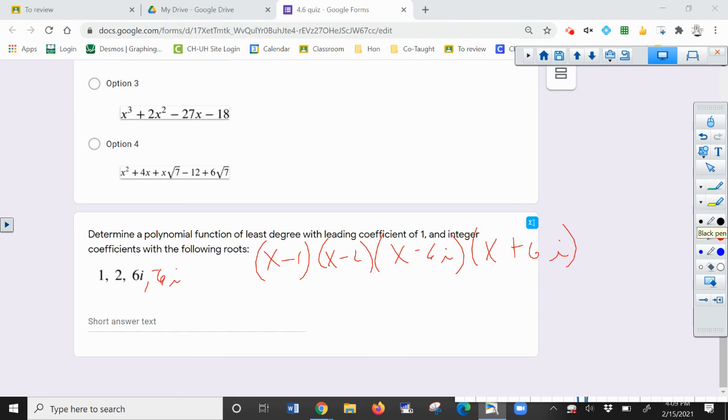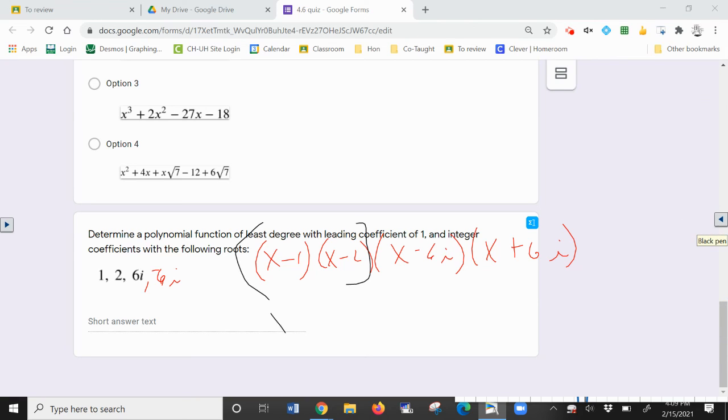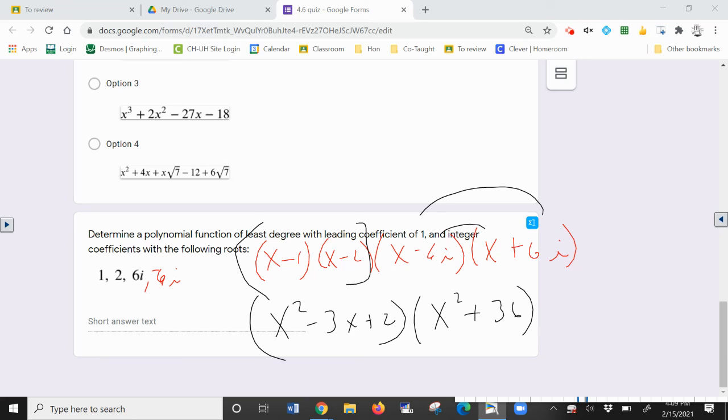When we multiply the first two together, we get x squared minus 3x plus 2. And the second two, you're going to get x squared. The middle terms are going to add up to 0, of course. You have -6 times +6 is -36. i times i is i squared. So this ends up being x squared plus 36.